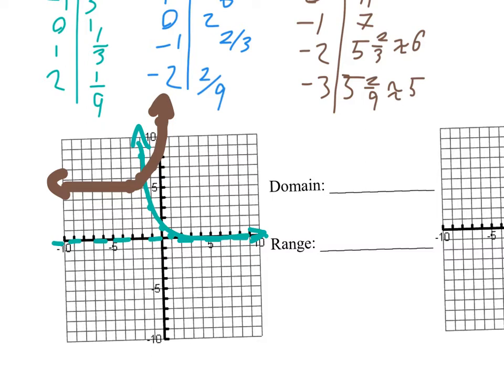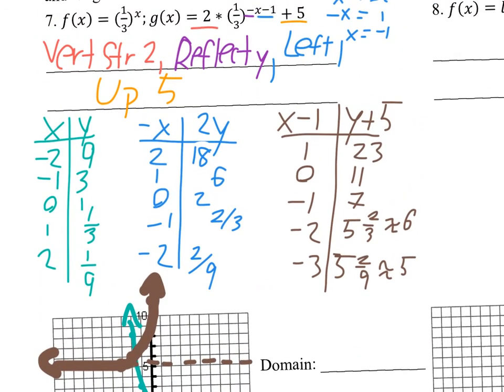Note, folks, that this one does not cross y equals 5. That's our asymptote. Also note, up 5, that became our asymptote. I might have misspelled that, but you guys know what I mean.